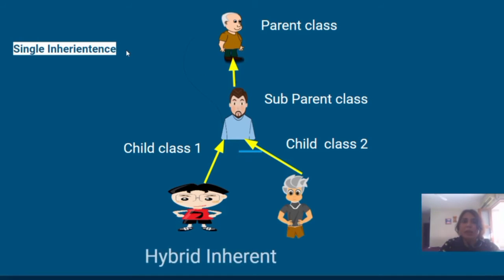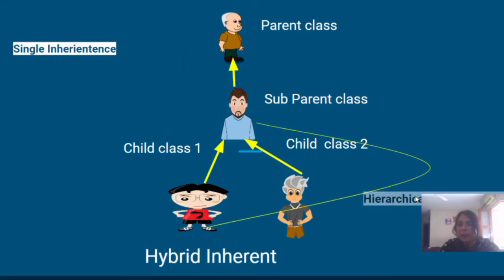That is known as single inheritance. The relation between these two is known as single inheritance. And the father and two sons, this relationship is called hierarchical inheritance. The combination of single inheritance and hierarchical inheritance is known as hybrid inheritance.